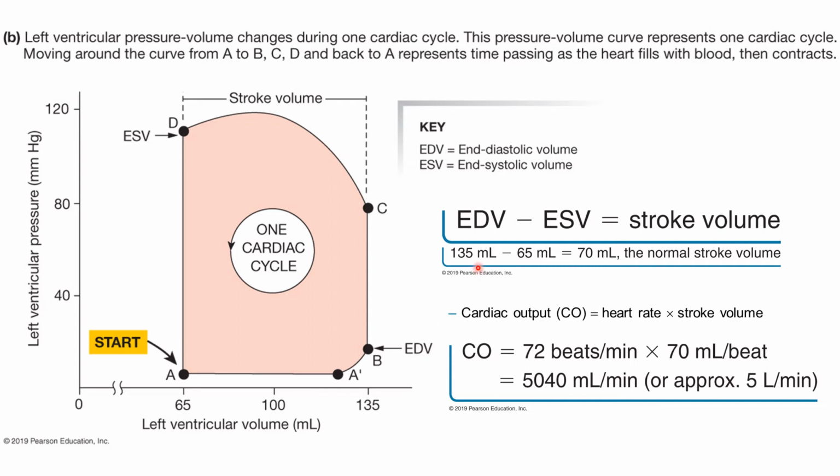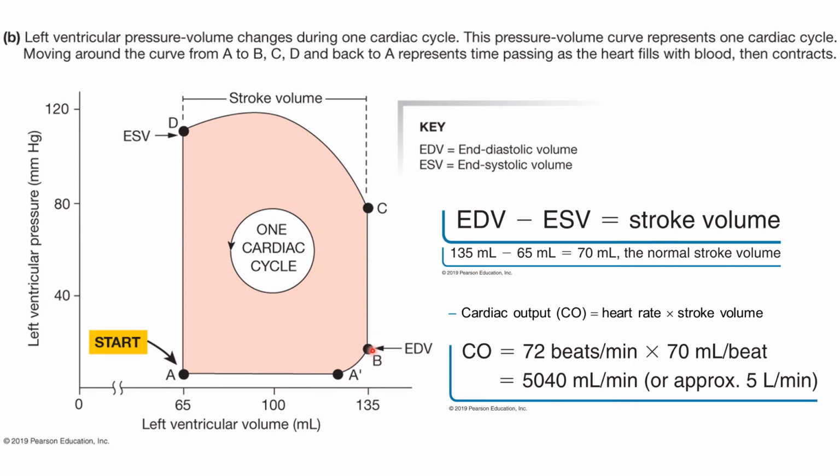It's around 135 mils, but that volume can actually change if your heart rate is very, very high. If your heart rate is very high, meaning that your heart is contracting extremely fast, then your ventricles are not going to have enough time to get filled completely with blood, and so that EDV volume is definitely going to be lower if your heart rate is very high.